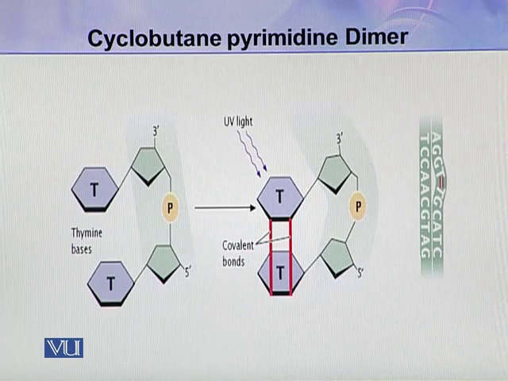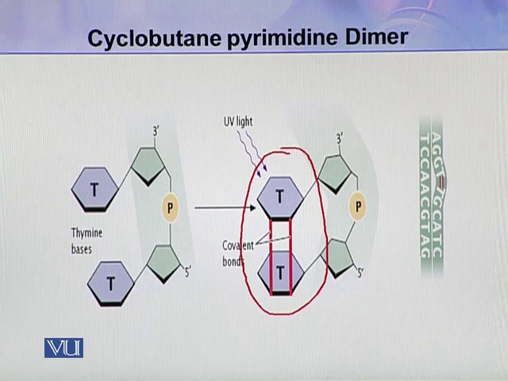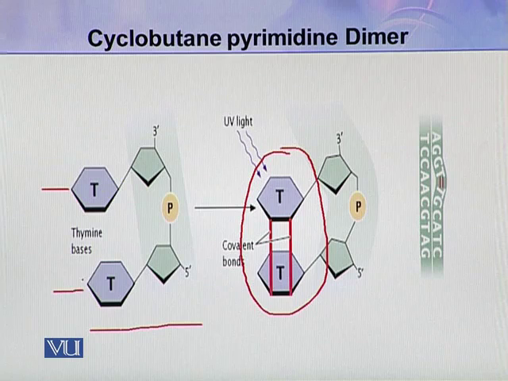Here you can see in another figure how this affects the conformation of the DNA. Between these two thymines this dimer is formed. This is a normal DNA strand, and in this normal strand, two thymines are present adjacent to each other.